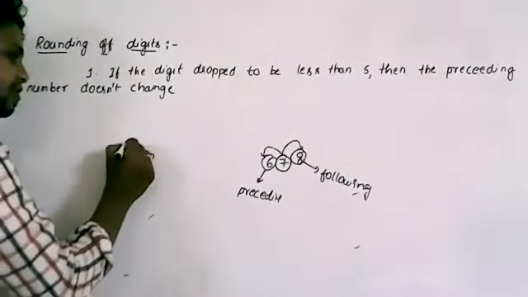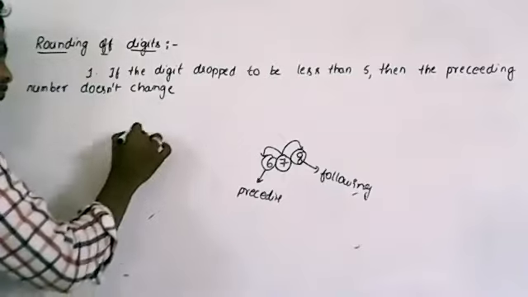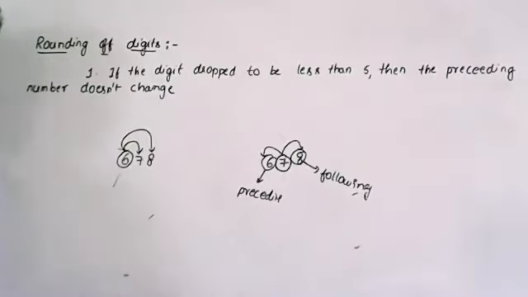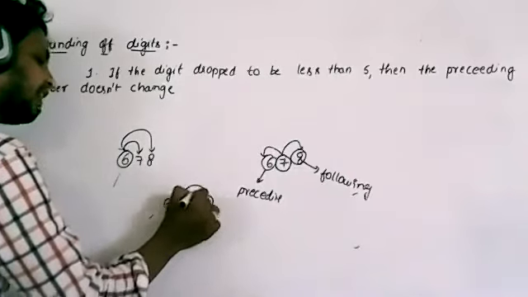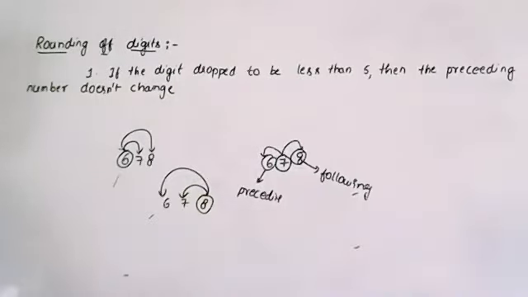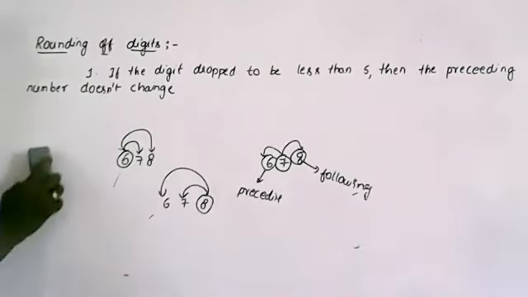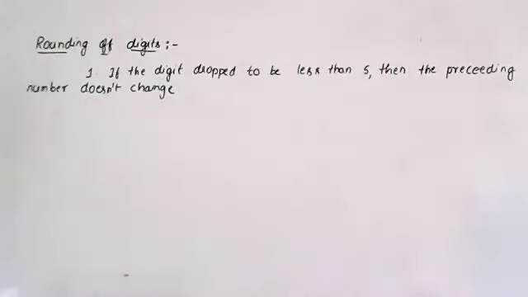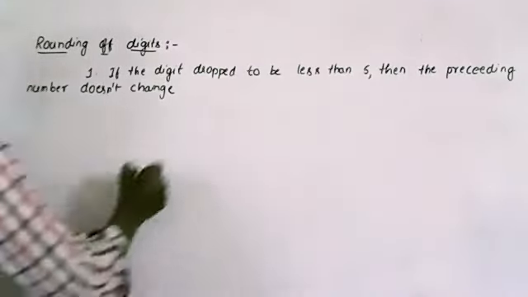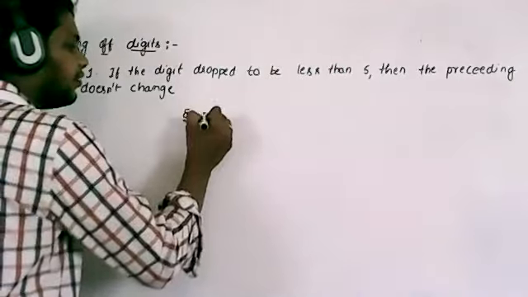For the 6, 7 and 8 are both following. For 8, 7 and 6 are both preceding. So the first point is, if the digit dropped is less than 5, then the preceding number doesn't change, it is unchanged.